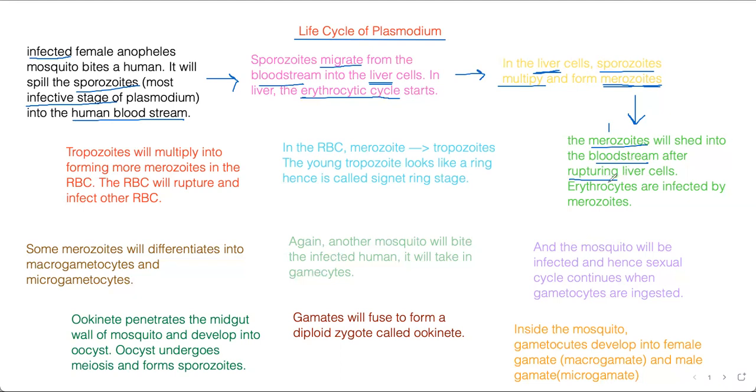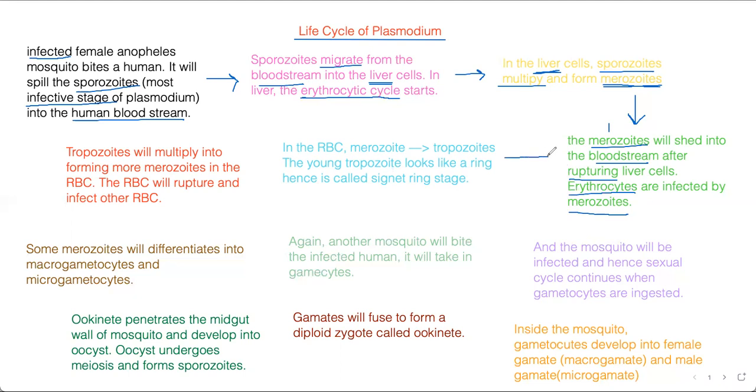The erythrocytes, also known as RBC, red blood cells, are infected by the merozoites present in the bloodstream. So the merozoites shed into the bloodstream will infect erythrocytes, RBC, right?